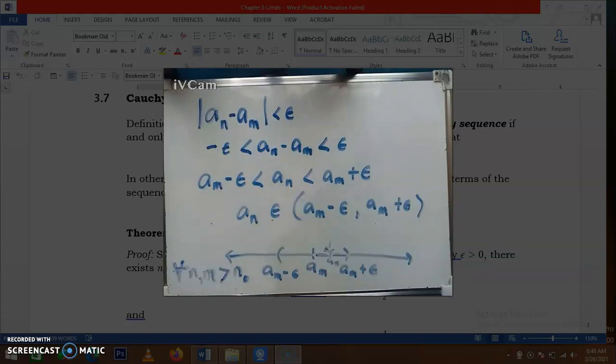In other words, we say a sequence is a Cauchy sequence if every two terms are closer to each other, or in general, a sequence is a Cauchy sequence if and only if the terms of the sequence become arbitrarily close to each other as n gets large.